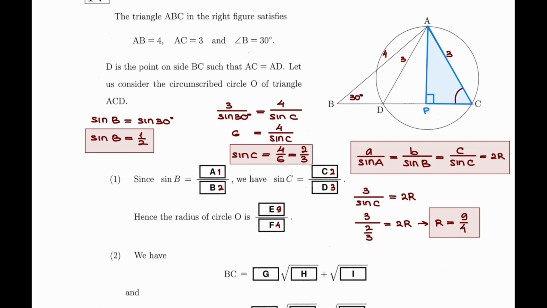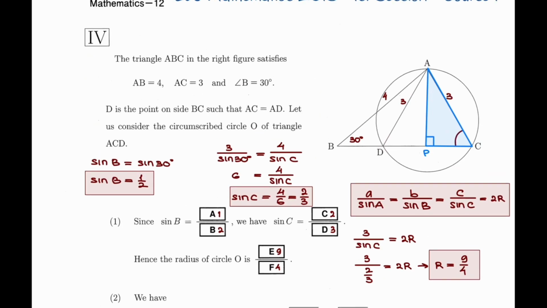So I will find PC first. If you want to find PC by using this right angle triangle, you already know that sine C is equals to 2 over 3. So I can write down sine C is equals to, focusing on the triangle that I've shaded here, opposite, which is AP, over hypotenuse.